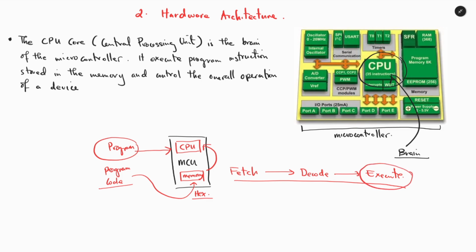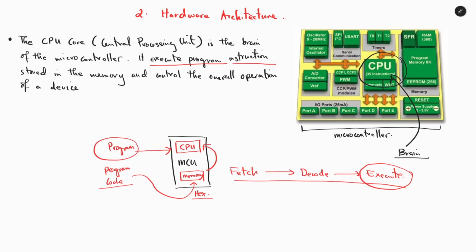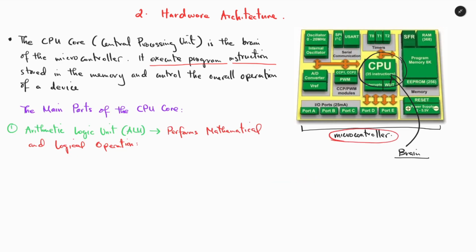Therefore, we can see that this CPU executes the program instructions stored in the memory and controls the overall operation of the device, such as the microcontroller. Since the microcontroller has a lot of components which make it up, in order to control all these components, we need the CPU.